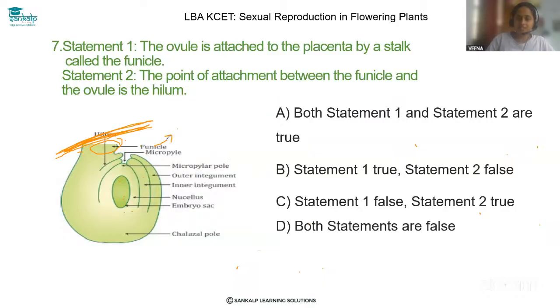So the first statement is true, correct. And statement 2, the point of attachment between the funicle and the ovule. See, the point of attachment, this place between the funicle and ovule, is named the hilum. So the second statement is also correct.